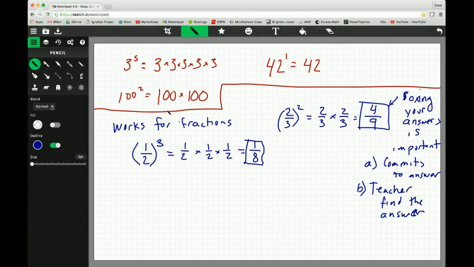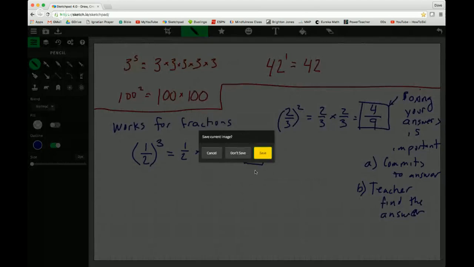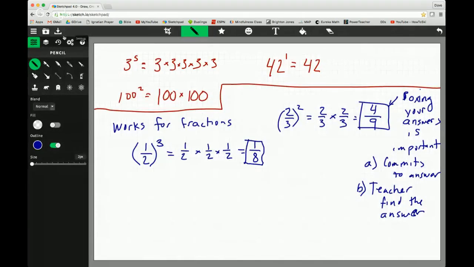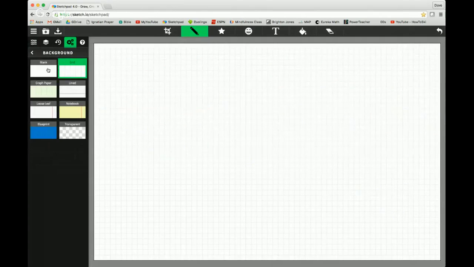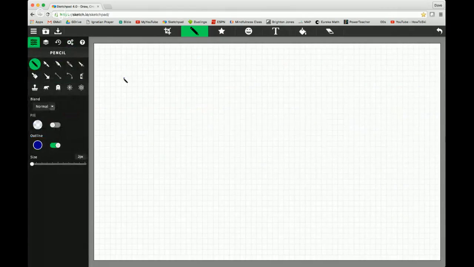Now, let's keep going forward, and let's create ourselves one more new sheet here. We're going to look now at the fact that variables also work with powers.